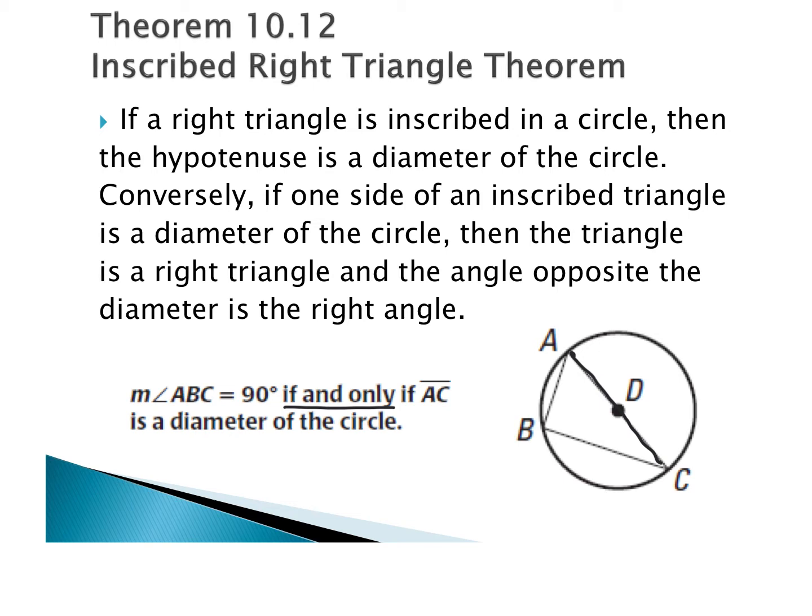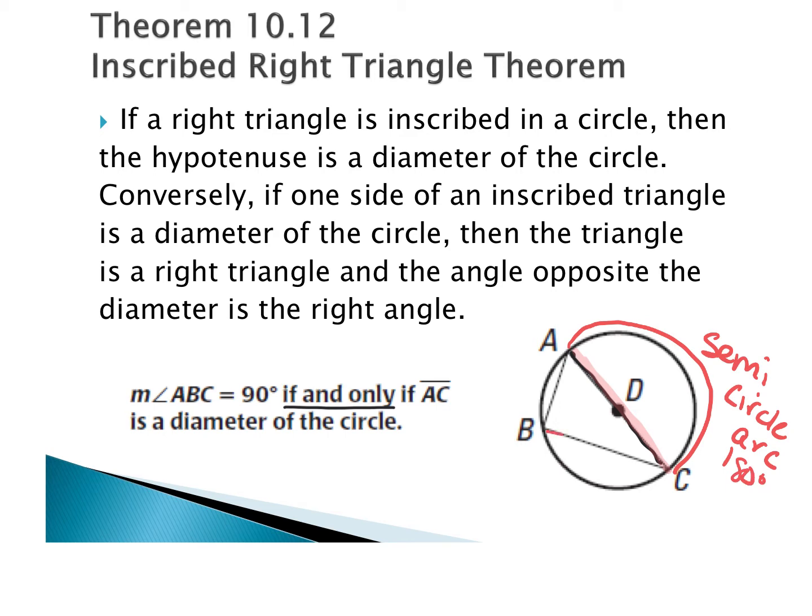Now you can also just look at this from a common sense point of view. If you realize that this is the diameter, and you know that a diameter is going to form a semicircle arc, and that has a measure of 180 degrees, and we just learned about the inscribed angle.